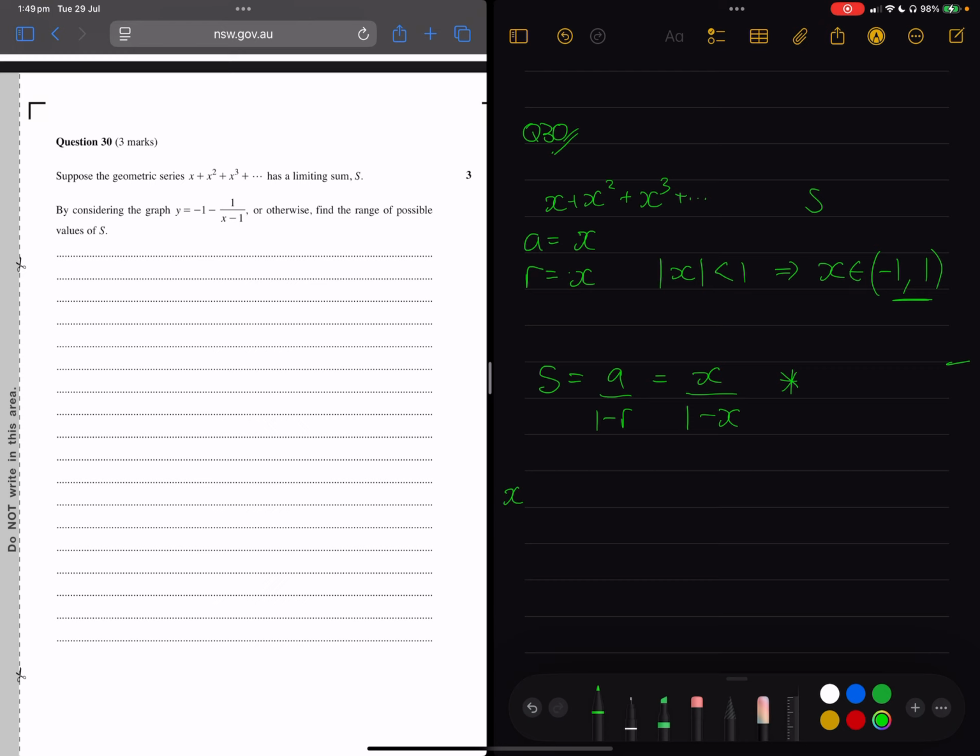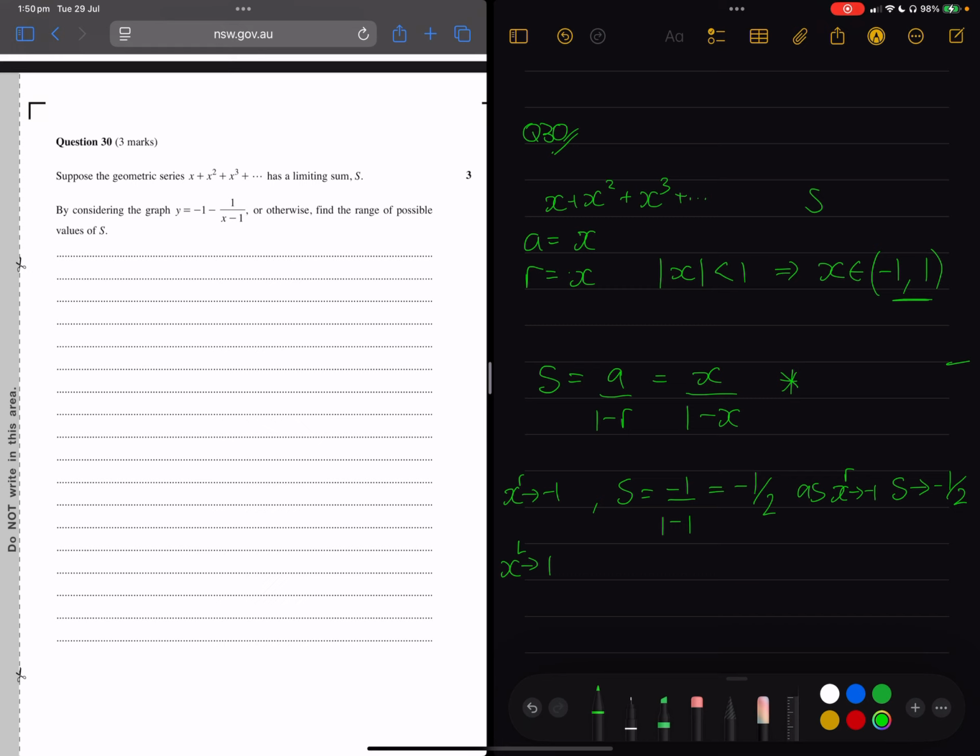So we could have something approaching -1, and this would be approaching from the right. We could also have something approaching 1 from the left. If we have an x value that's getting smaller and smaller, the limiting sum will become essentially -1 on 1 minus -1, which will be -1/2. So as x approaches -1 from the right, the limiting sum approaches -1/2.